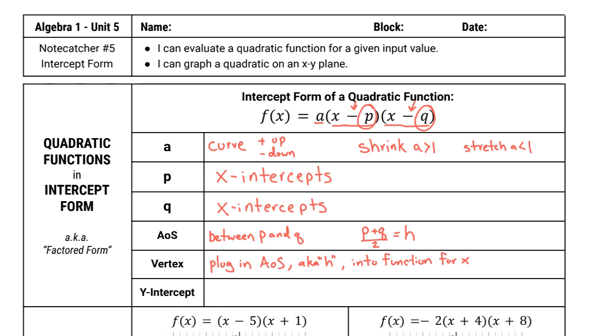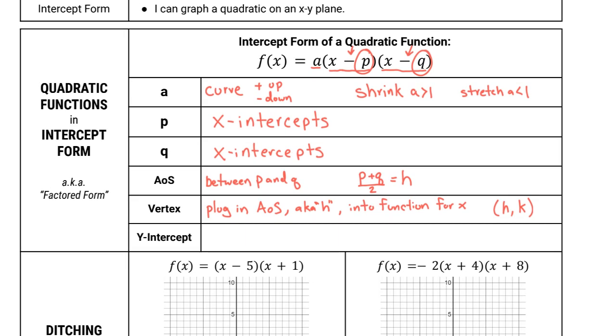And the y that comes out will give us the other part of our vertex in H, K format. And then y-intercept, this final part, well, all of our y-intercepts are just whenever x equals 0, so we can plug that in to the function and see what happens.